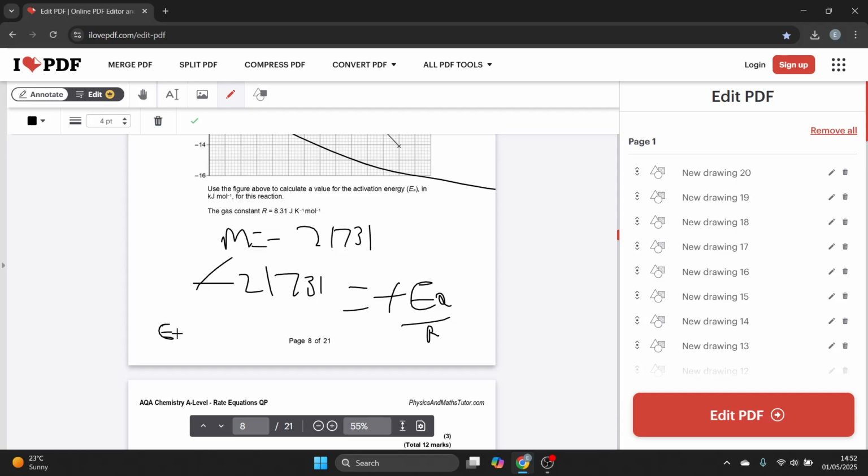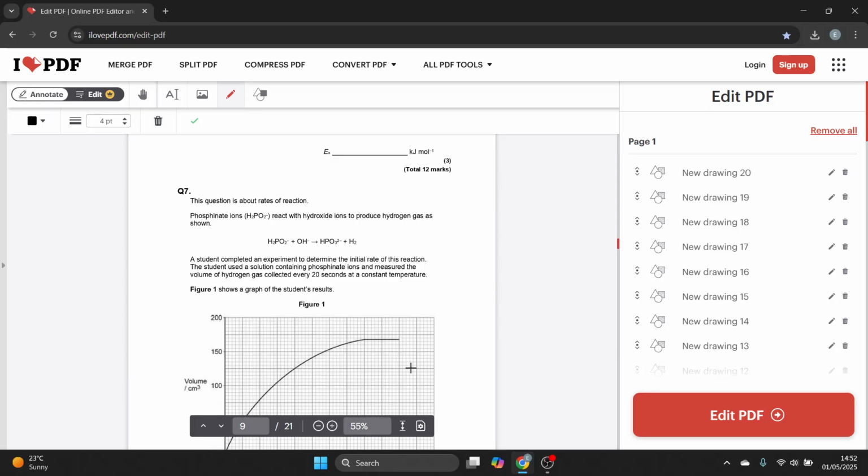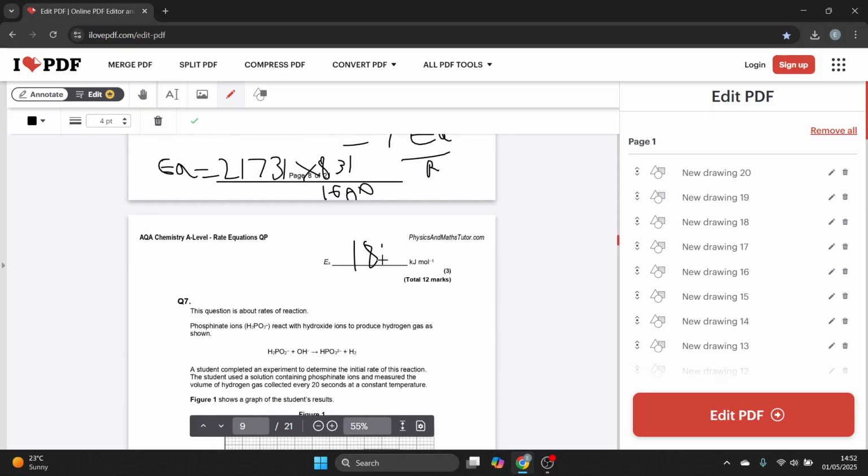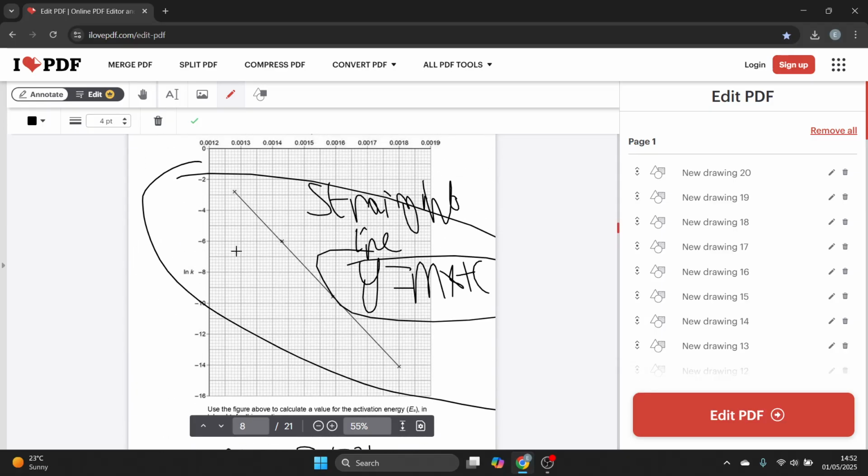You get EA equals 21731 times 8.31, and then you need to divide by 1000 because you want it in kilojoules. And you get 181 kJ mol^-1. Finding the gradient, just watch a couple of walkthrough videos, but it's just y2 minus y1 over x2 minus x1.